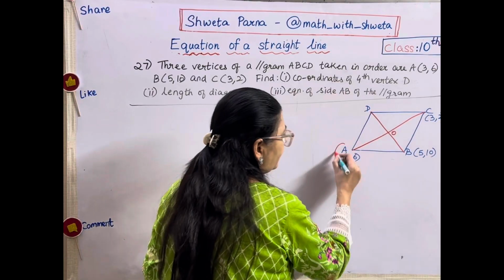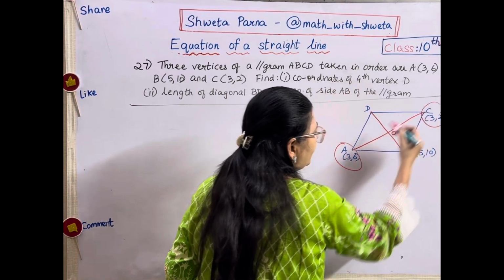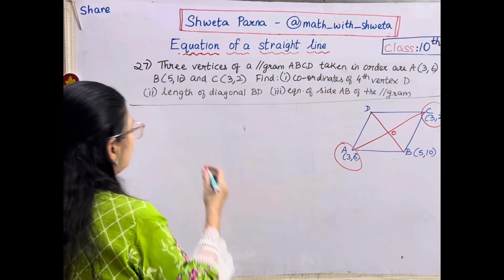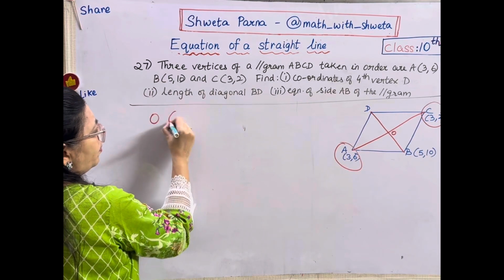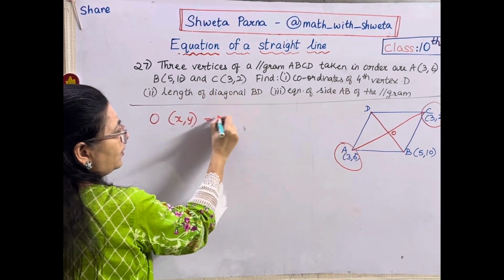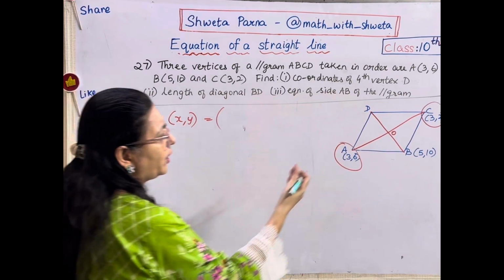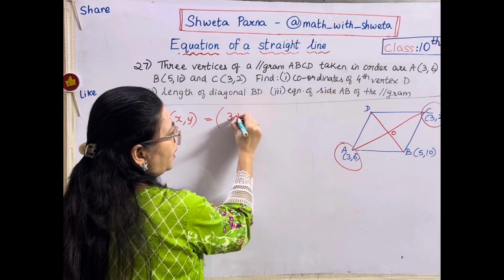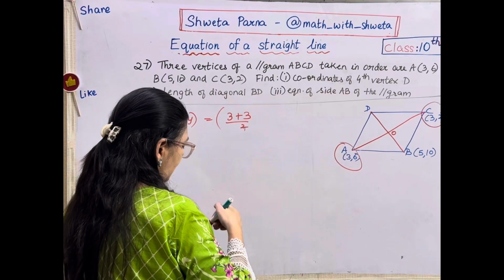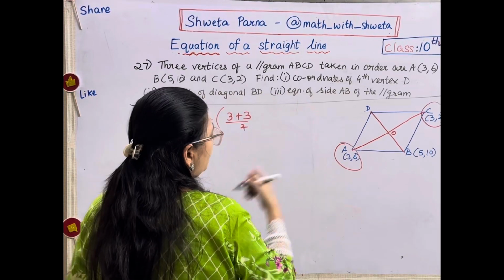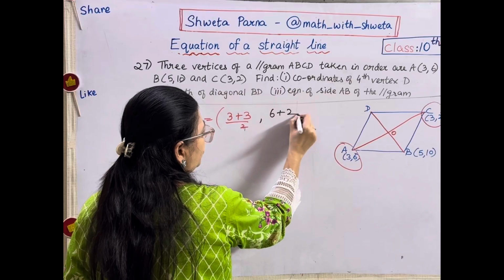Coordinates of A are given to you, coordinates of C are given to you. O is a midpoint, so let's find O(x, y). You will use the midpoint formula since O is a midpoint, right? So (3 + 3) upon 2 and (6 + 2) upon 2.